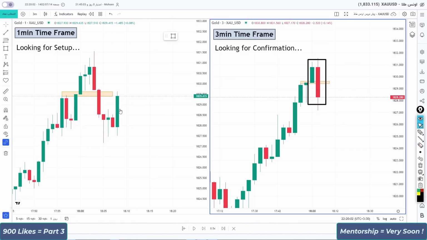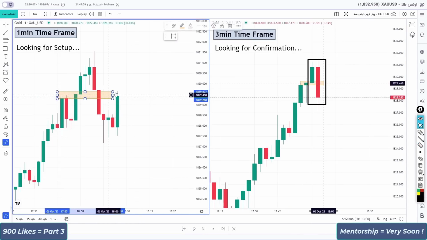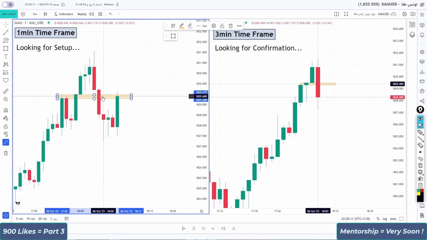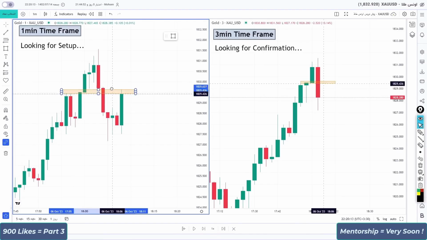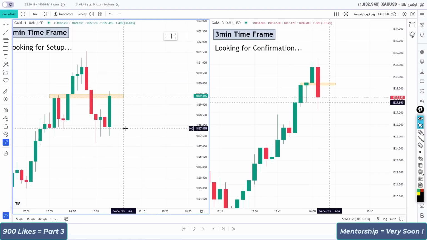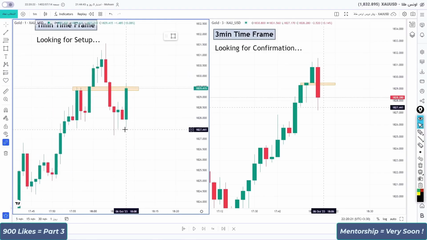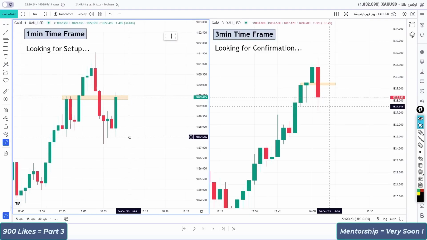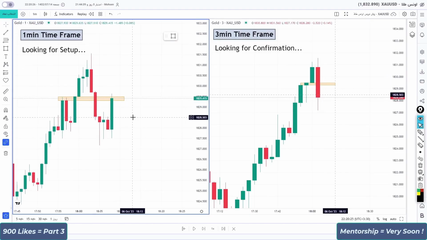All right, now let me adjust this one a little bit. Now look at this one. If I move this box, it also moves on this other chart, so it means that it's the same chart and they are related to each other. Now look at this engulfing pattern.